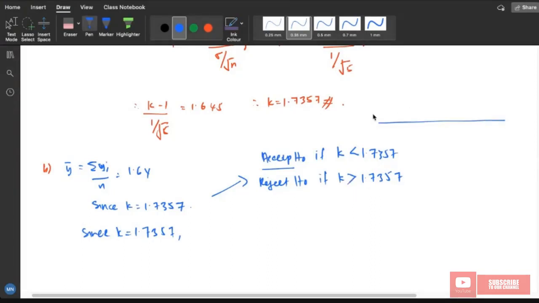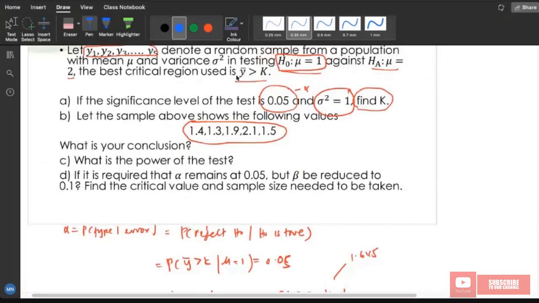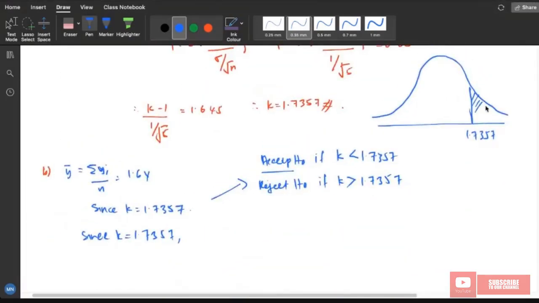If you are confused, you can always draw the distribution. So this is, let's say, 1.7357. The critical region is Y more than K. So this is more than K. This is the rejection region, and this is the acceptance region.